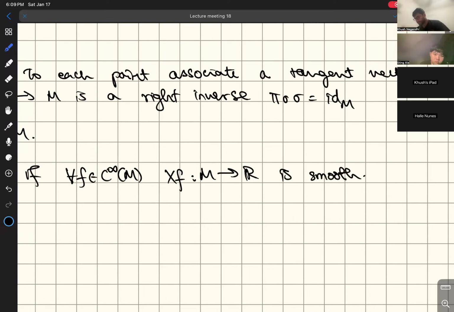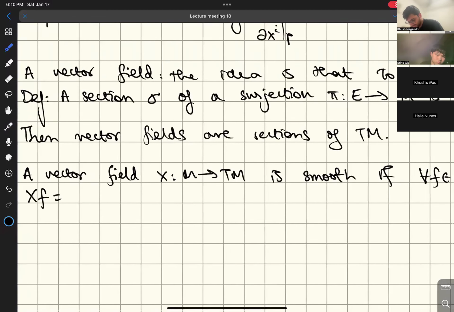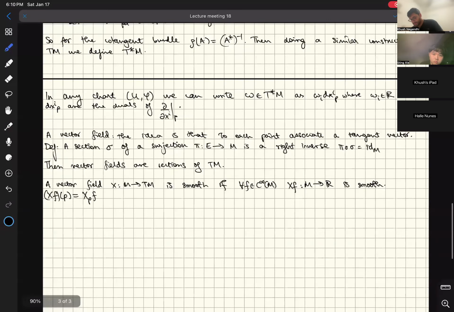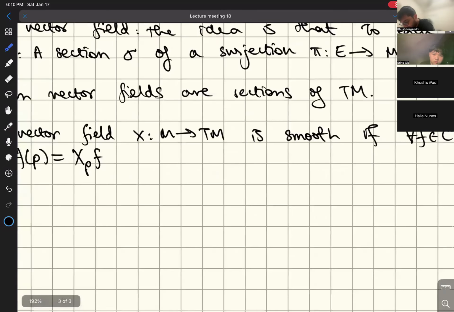Okay, so remember, X of f at a point P is defined to be X at the point P applied to f, right? So this is the derivative of f in the direction of X of P.